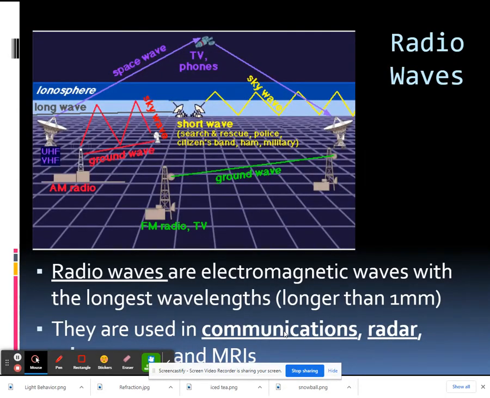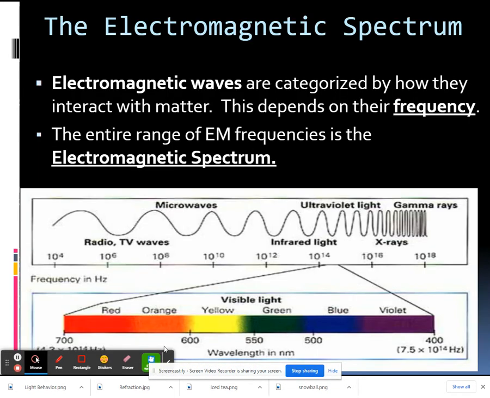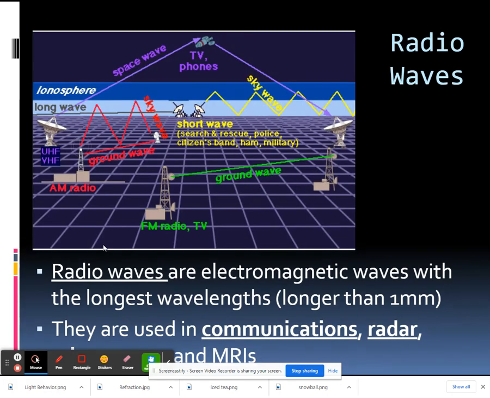All right. So the first section up here is radio waves. Let's talk about those. Radio waves are the electromagnetic waves at the longest wavelength. And if you could actually see the wave, you could, with the naked eye, see the wavelength. It's over 1 millimeter. That's the tiniest little notch on the meter stick. It's small, but it's visible to us.